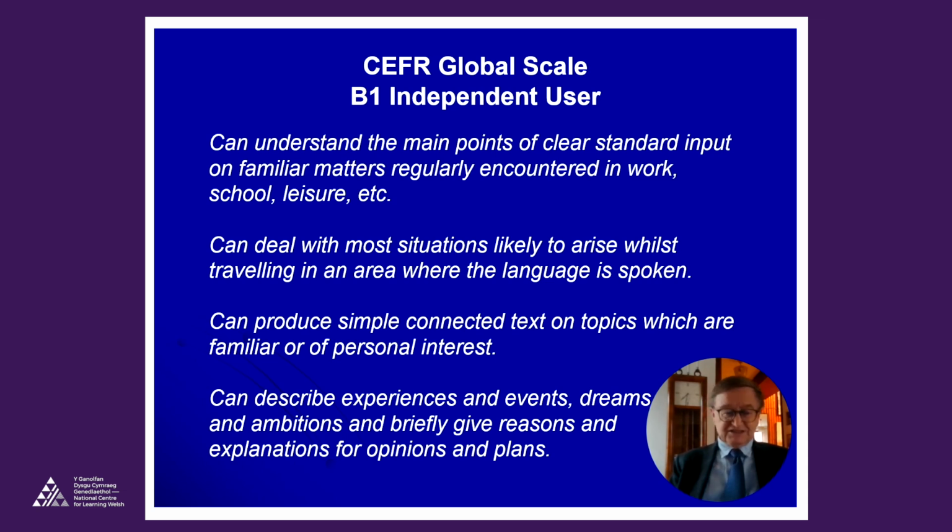This independence, as you can see, is rather restricted to traveling in an area where the language is spoken rather than just living there for a longer time. But these four descriptors summarize what may be expected of a language user in order to place him or her on this intermediate level.